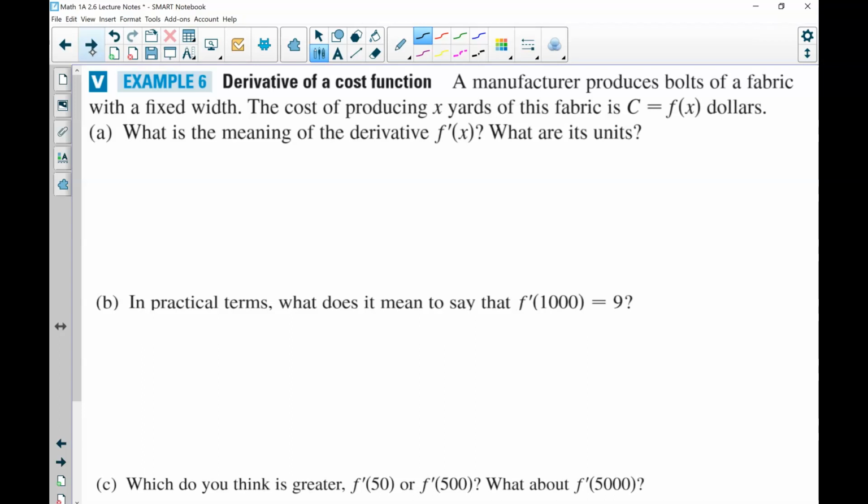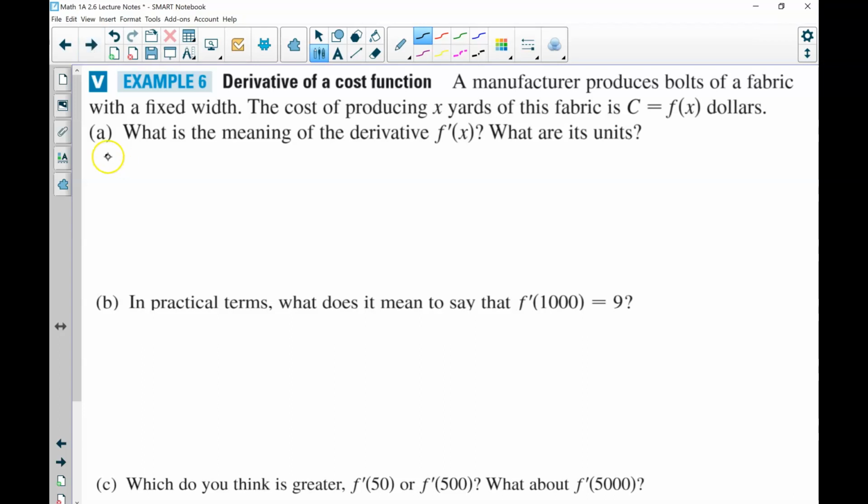Okay, so the first question says derivative of the cost function. A manufacturer produces bolts of fabric with a fixed width. The cost of producing x yards of this fabric is C equals f of x dollars. It asks, what is the meaning of the derivative f prime of x and what are its units?